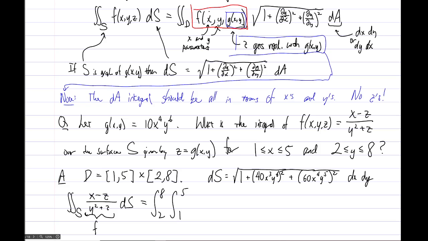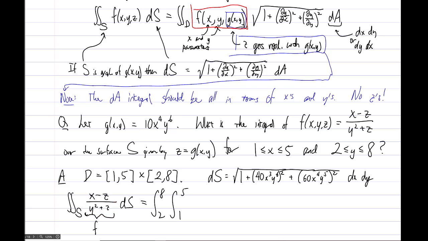Now, that means in what we see here, every x gets replaced with x, every y gets replaced with y, and every z gets replaced with g of x comma y. So every z needs to get replaced with 10x to the fourth y to the sixth. So let's do that.